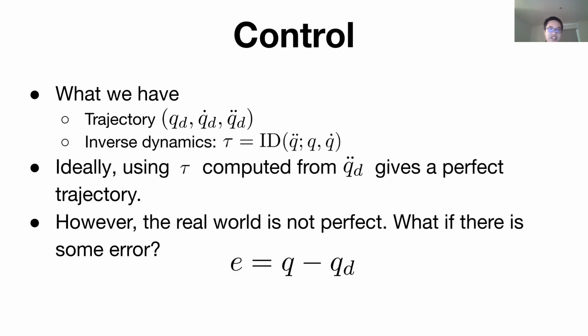Now we know the desired acceleration from the trajectory, and we have the formula for inverse dynamics. Ideally, by computing tau from the desired acceleration, we should get a perfect trajectory. However, the real world is not perfect. So what if there's some error on the joint position?